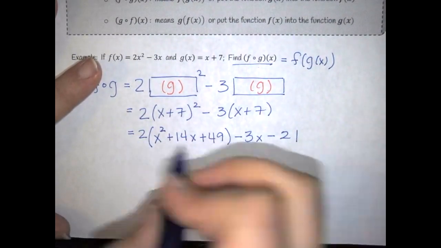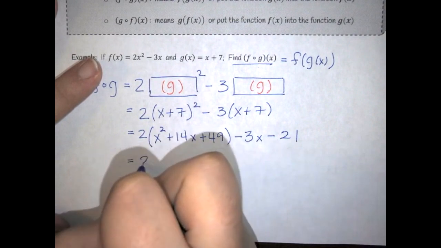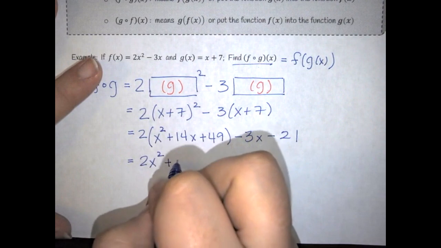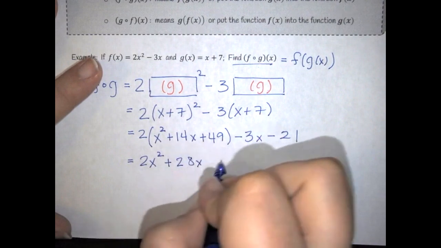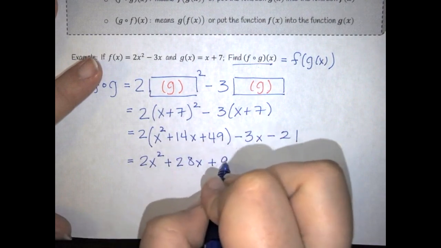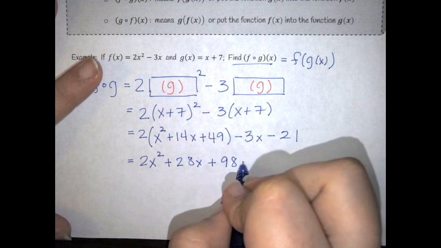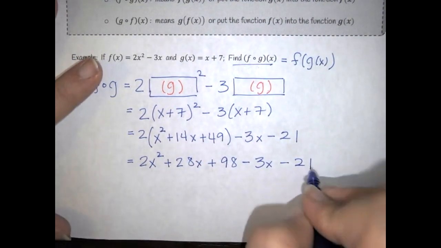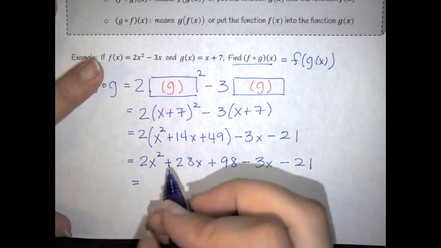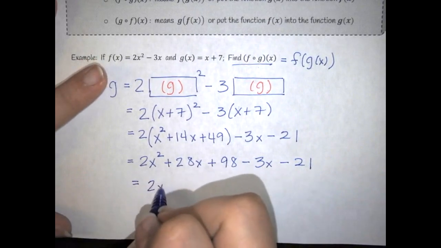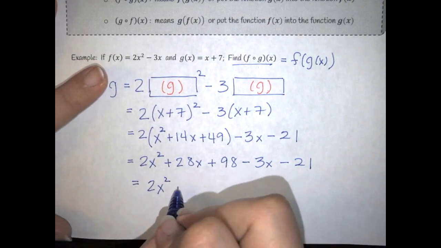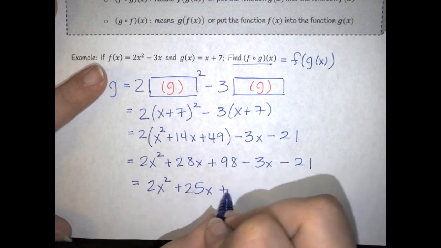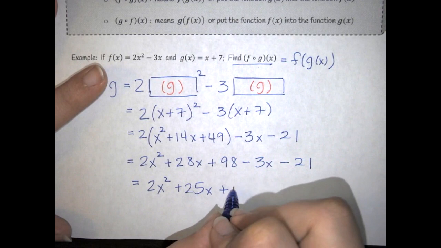You have to distribute the 2 through, so this becomes 2x squared plus 28x plus 98 minus 3x minus 21. So this is going to give you 2x squared plus 25x plus 77.